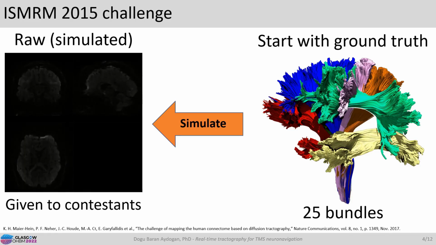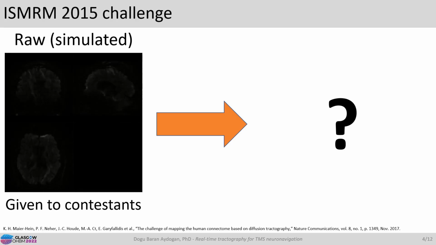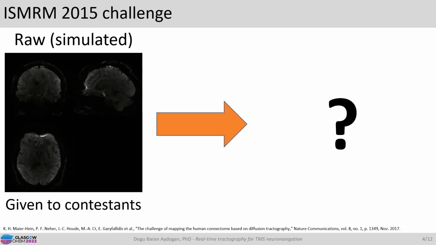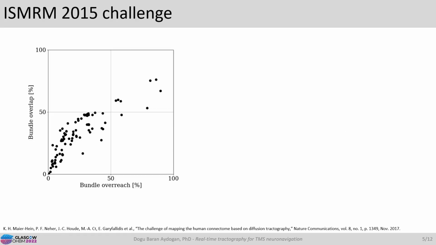And the challenge was, of course, to reconstruct the connections as accurately as possible. The results show the following. Notice here that the x-axis refers to the non-existing or false positive connections, whereas the y-axis is related to the missing or false negative connections.